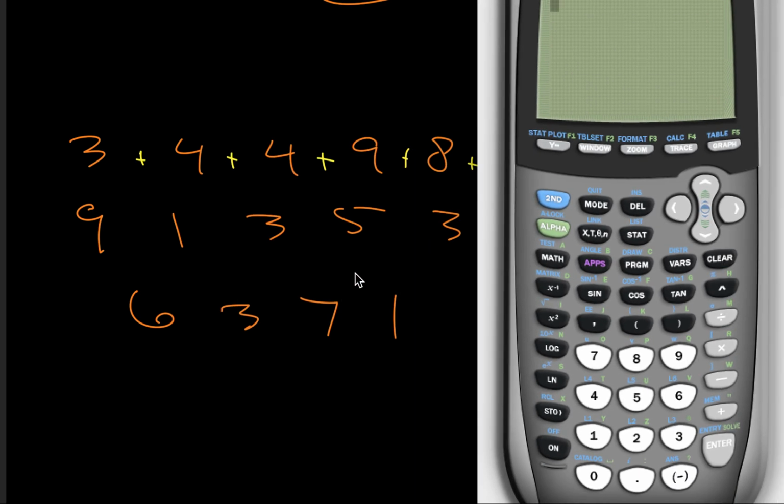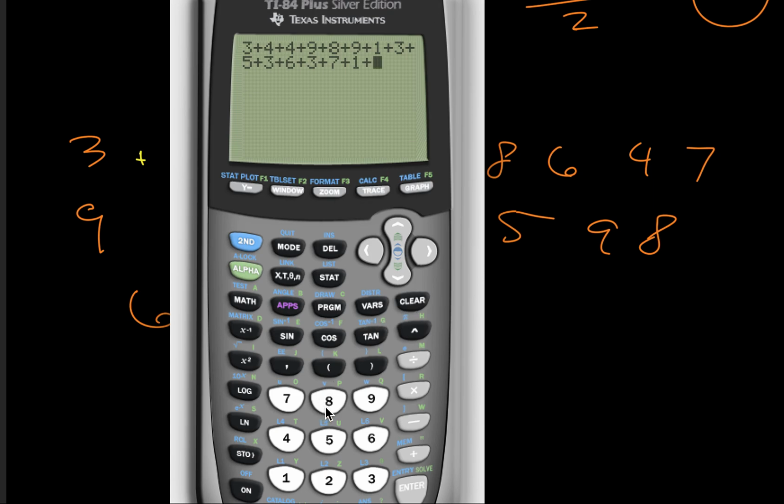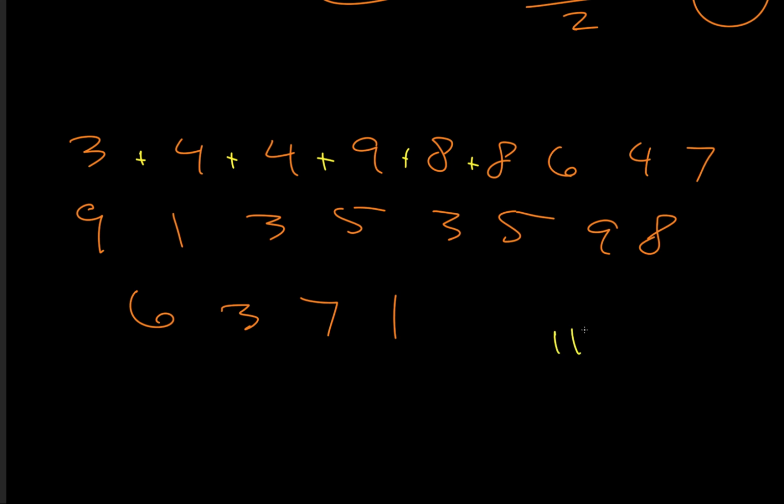Okay, so I'm going to add everything I can see right here, and then, so 3 plus 4, 4, 9, 8, 9, 1, 3, 5, 3, 6, 3, 7, 1, 8, 6, 4, 7, 5, 9, 8. Okay, so I got 113. So the sum is 113.